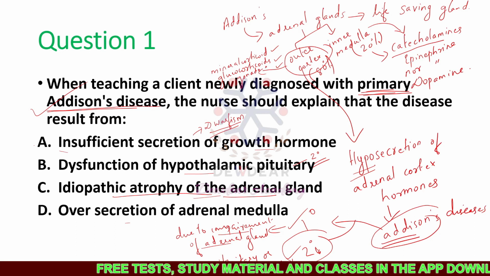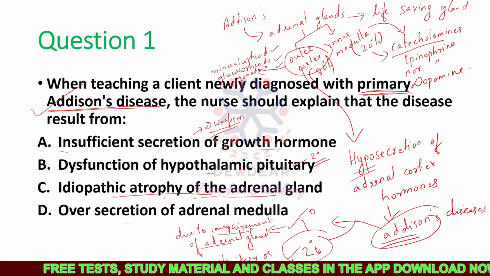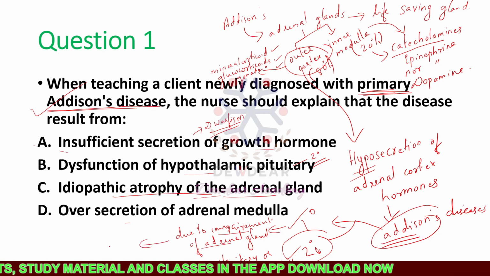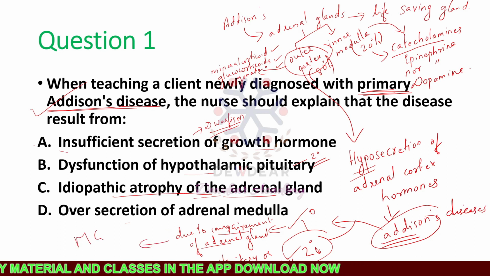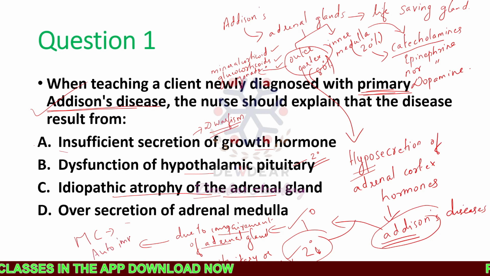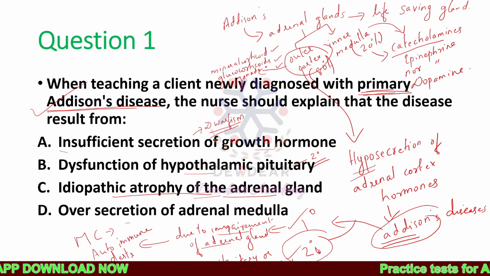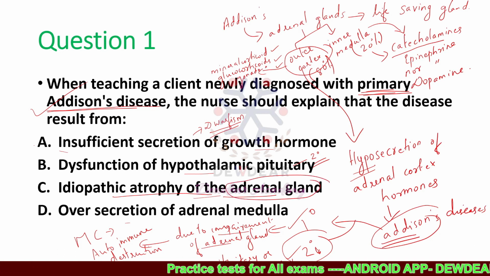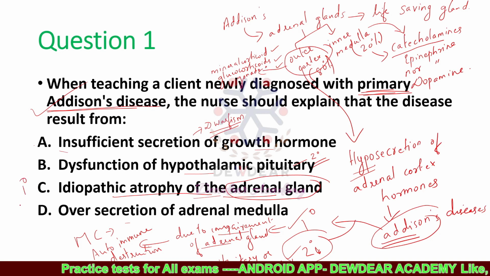The main cause can be autoimmune destruction of the adrenal gland. Autoimmune destruction is the main cause of primary Addison's disease, and it can lead to atrophy of the adrenal gland. So atrophy of the adrenal gland causes primary Addison's disease.